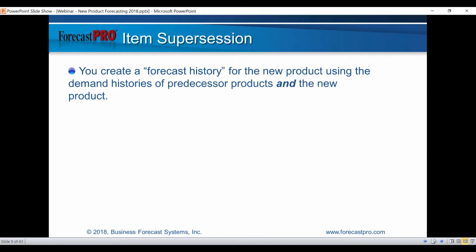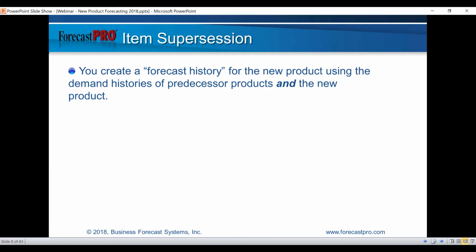So the idea of item supersession is when you have a new product, really by definition you have a short data history. When you have a short data history, that is going to limit you in the types of forecasting models that you can use, as well as the quality of the forecast that's coming out of it.